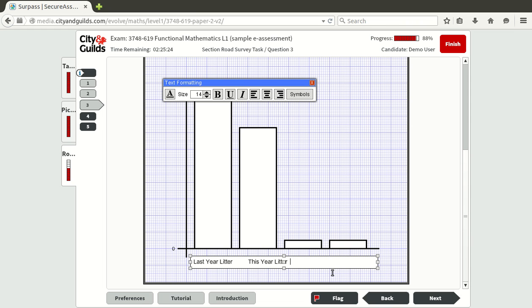That one I'll say last year road works. So I'll just say last year road. This one is this year road. So I'll just expand this a bit like this.